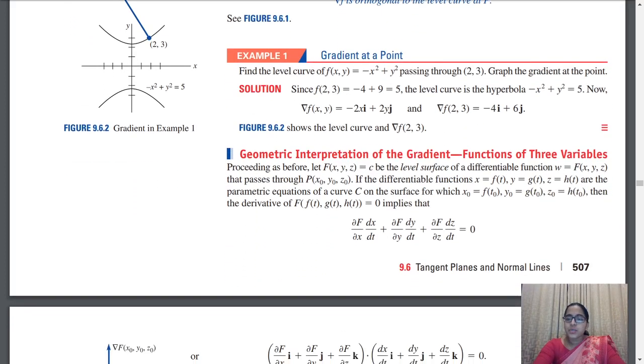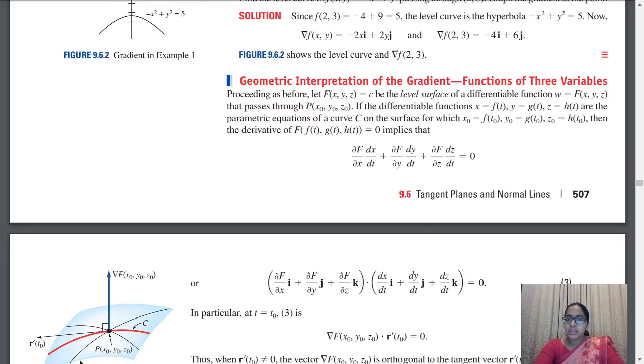As I told you in the beginning of the session, we can move on to functions of three variables also.